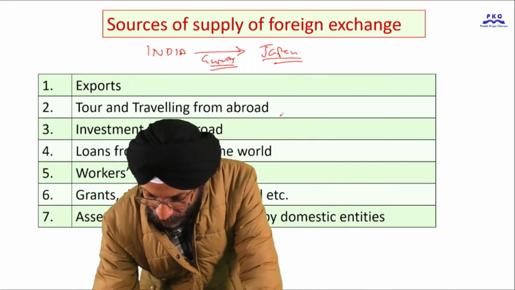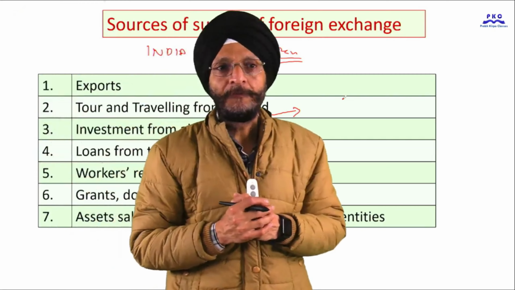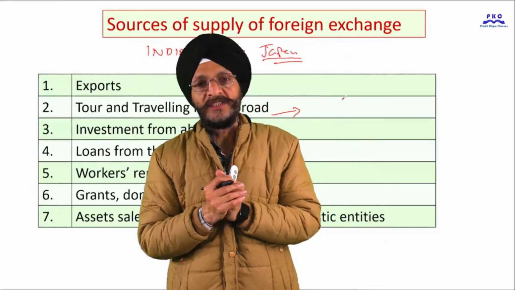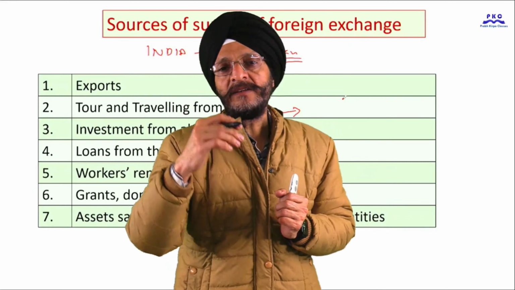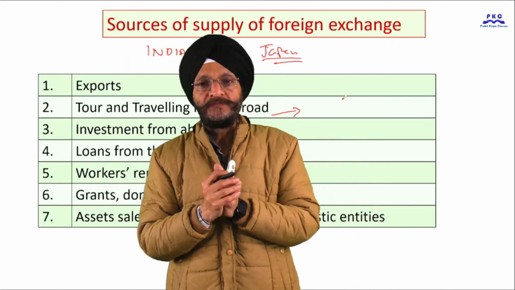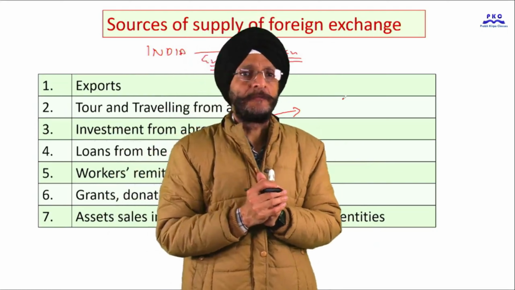Then when tourists visit our country from abroad, it results in the supply of foreign exchange because they will generally spend their foreign currency for food, local expenses, and buying other goods and services.